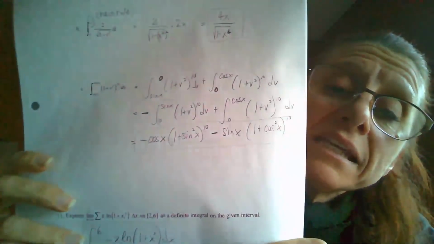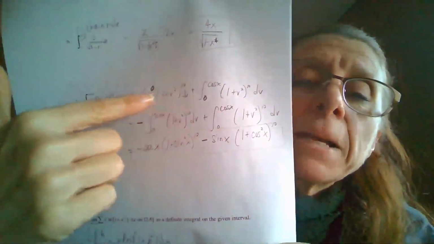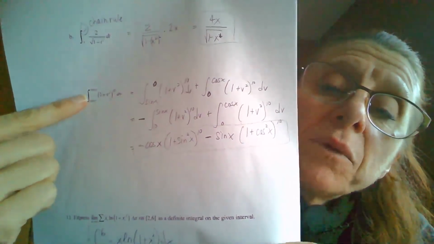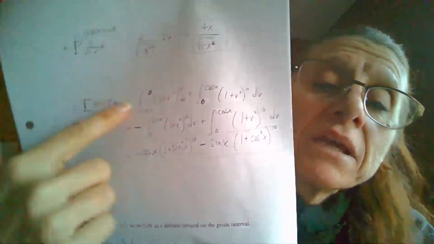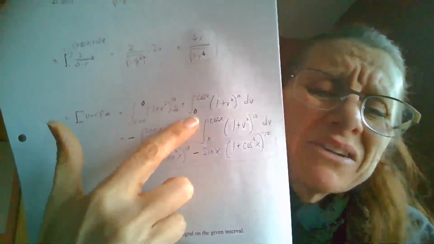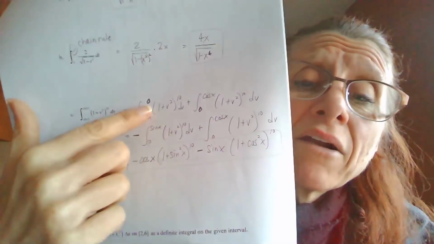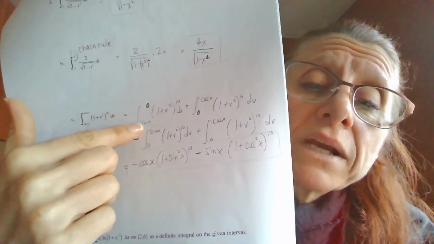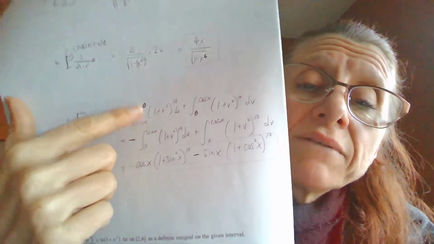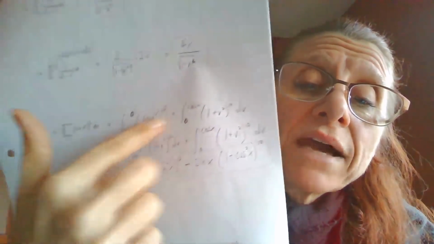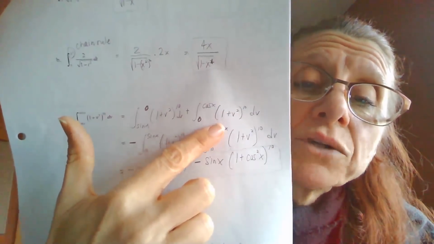What happened with c is that when both bounds have an x in them, you just need to put some constant. 0 is the easiest because you're just going to ignore this constant anyway, so just put whatever there. And you're just breaking this up. So you're going from sine of x to 0, and then 0 to cosine of x, breaking it out into two separate integrals.